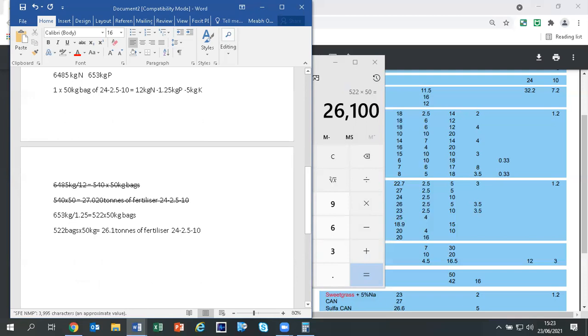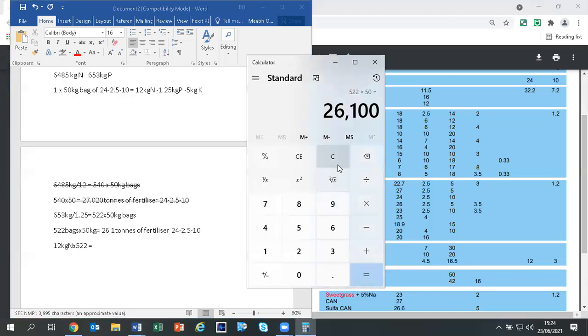So how short are we on our nitrogen now? If our nitrogen needed 540 bags, but we're now only spreading 522 bags, how do we work out how short we are in terms of our nitrogen requirement? Well, we know every bag has 12 kilograms of nitrogen, and we're now spreading 522 bags. So how much nitrogen is being spread?